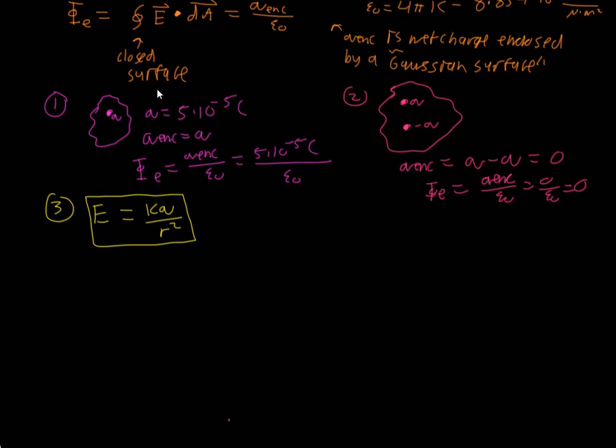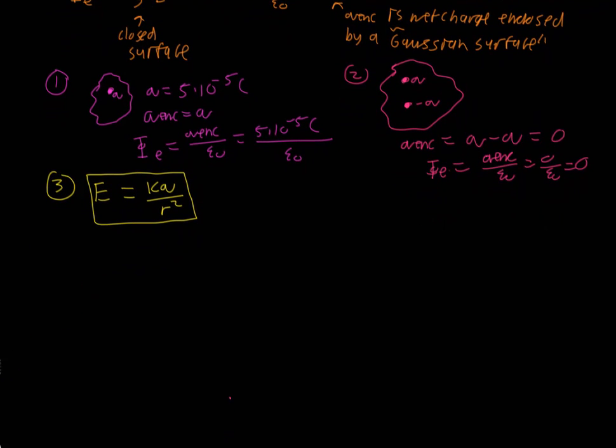And so we can actually use Gauss's law to show that this is the magnitude of electric field for a point charge, derived using that integral that we have above.